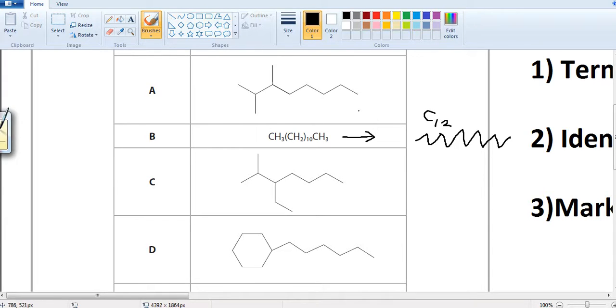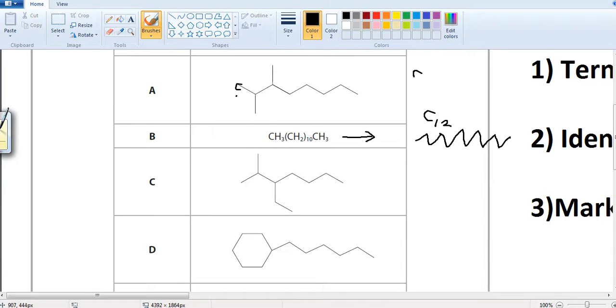So now let us compare the molecular formula of A and B. Let us at first count the number of carbon atoms A has. Each corner of the straight line represents one carbon atom. 1, 2, 3, 4, 5, 6, 7, 8, 9, 10.